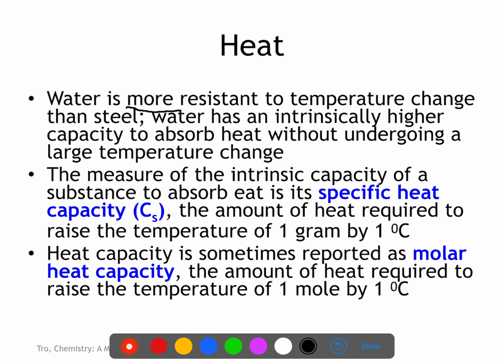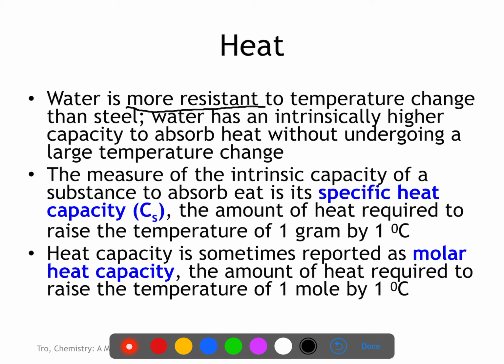Also, water is more resistant to temperature change than steel. Water has an intrinsically higher capacity to absorb heat without undergoing a large temperature change. That means water can absorb a lot more heat without needing a big change in temperature, whereas steel, for example, needs a much larger temperature change to absorb heat.